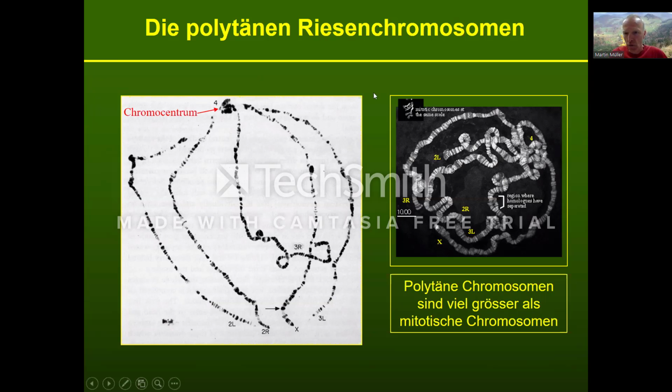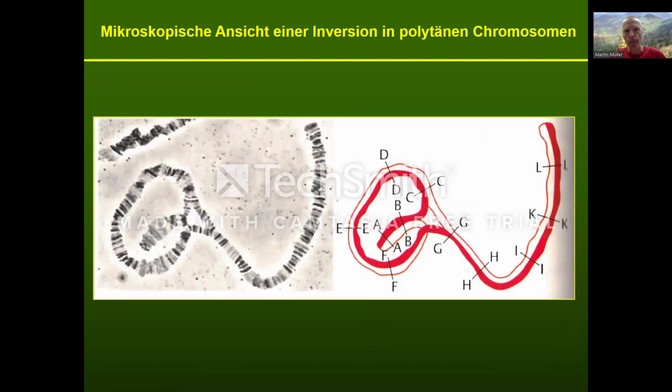So here, just as a comparison, the mitotic chromosomes I was showing you here in relation to the size of the salivary gland chromosomes, you can see the salivary gland chromosomes are way bigger than mitotic chromosomes. And by studying here the pattern of the bands and interbands, people could identify the breakpoints of the X-ray induced mutations.